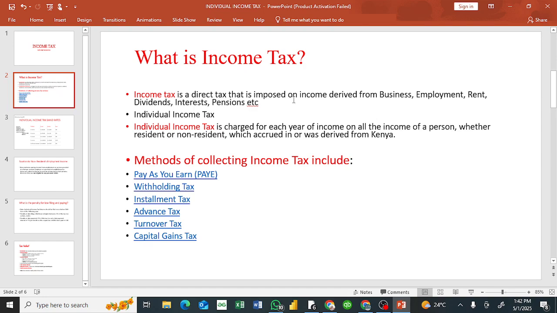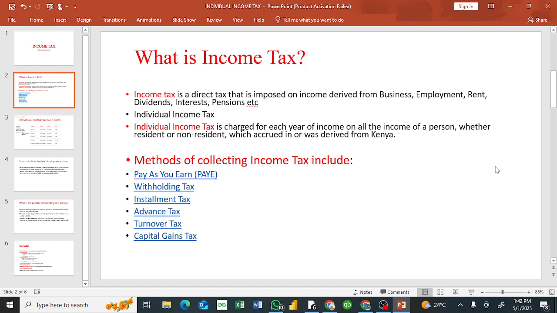But today we'll be focusing on employment, that is individual income tax. Individual income tax is a tax that is charged on all incomes of a person, whether resident or non-resident. As simple as that.